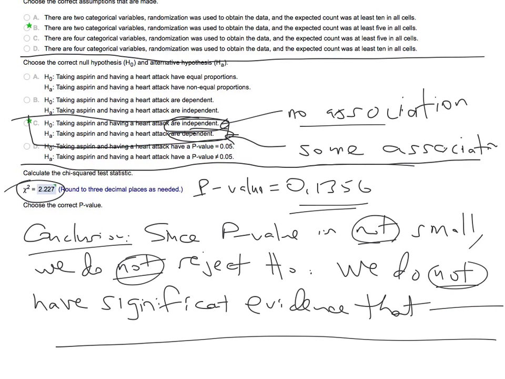And so you can just copy the HA right off of where you wrote it down before and whatever words you used. So we could just say aspirin and heart attacks are dependent. It's perfectly fine. However you said it before, in words is perfectly fine way to say it at the end. So in other words, there's some association between taking aspirin and having a heart attack.